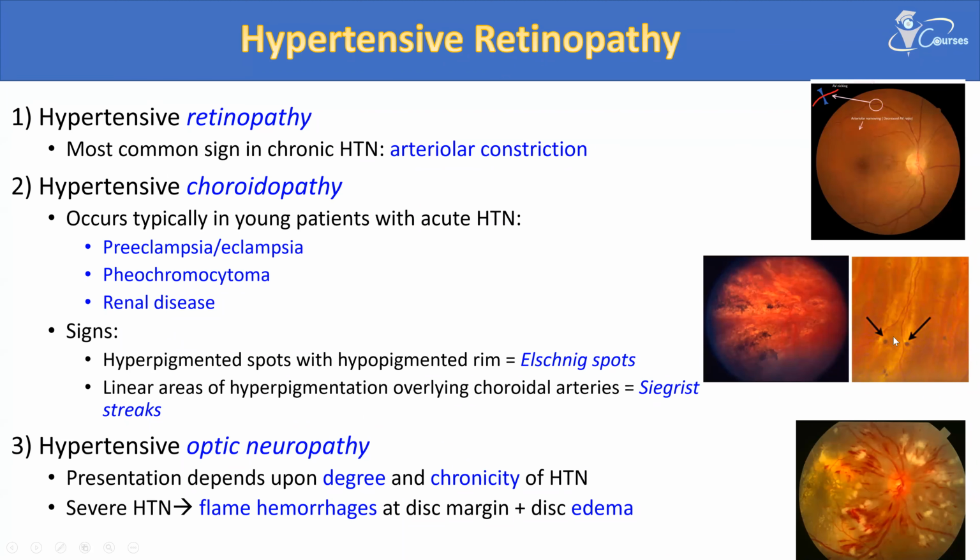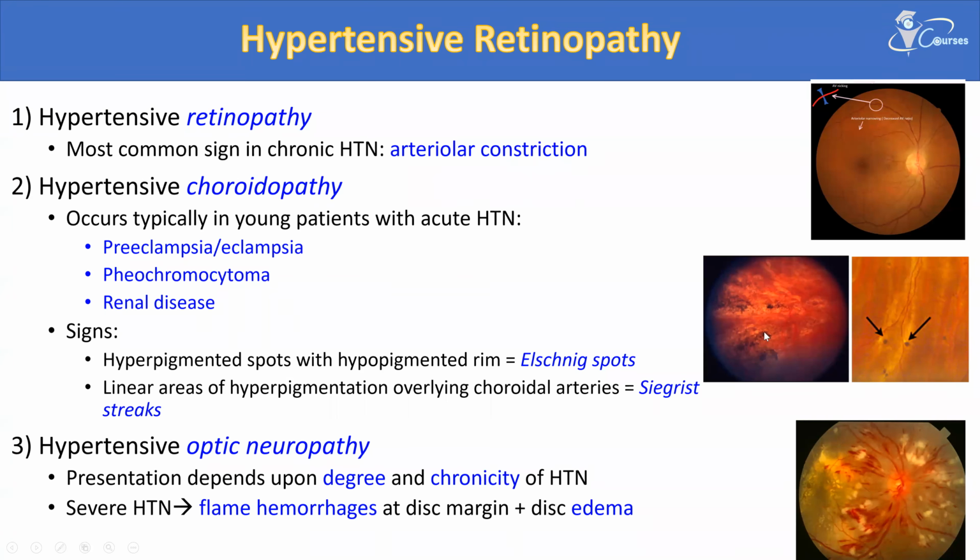Elschnig spots are hyperpigmented spots with a hypopigmented rim. You see, this is a hyperpigmented spot associated with a hypopigmented rim. This is called Elschnig spots and represents areas of choroidal infarction. Or there could be linear areas of hyperpigmentation overlying choroidal arteries.